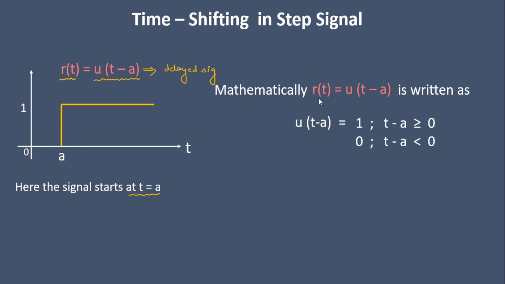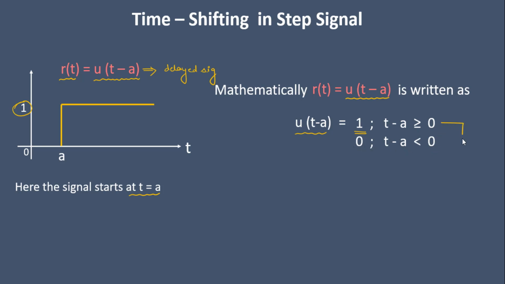Mathematically, I can write the signal r of t, which is nothing but u of t minus a. It is 1, the magnitude or height of the signal, for t minus a greater than or equal to 0, and it is 0 for t minus a less than 0.